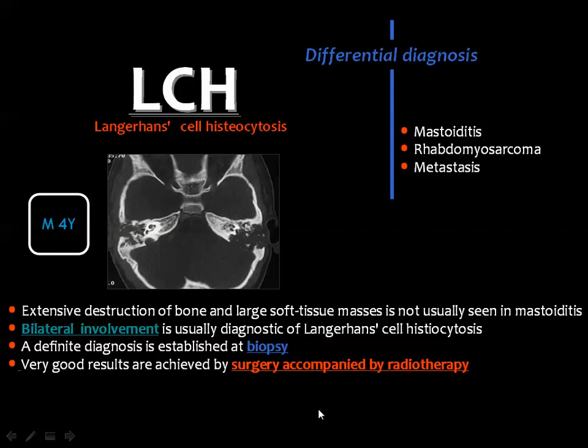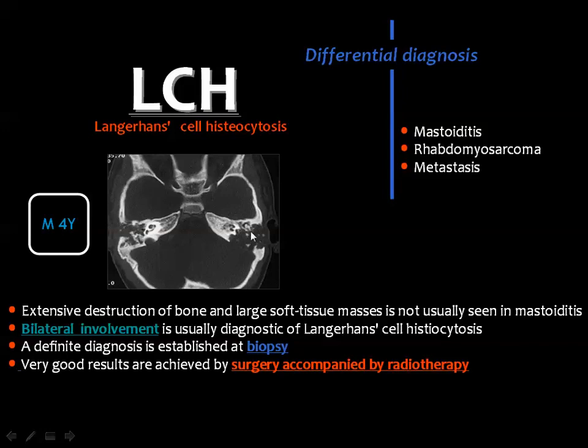And histiocytosis may be differentiated from the inflammatory changes associated with mastoiditis, and if it presents aggressive bone destructive changes, it can also be differentiated from rhabdomyosarcoma and metastatic deposits. Bilateral involvement is diagnostic, as I have mentioned.